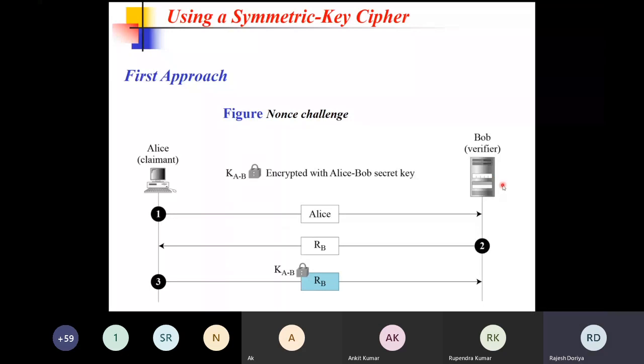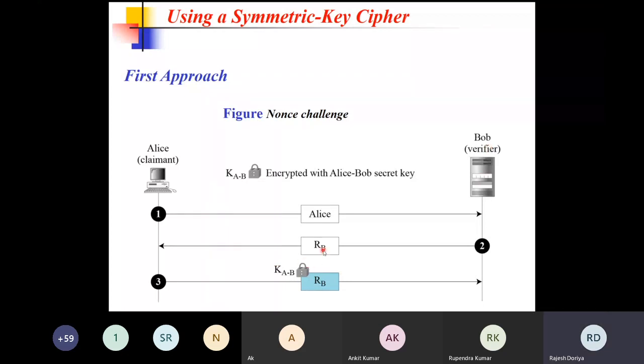Now, the moment Bob knows that Alice is trying to communicate with him, he sends a nonce number, a randomly generated number. This number is sent by Bob to Alice. And the moment Alice gets this number, she encrypts it with the help of the shared secret key of Alice and Bob and sends it to Bob.